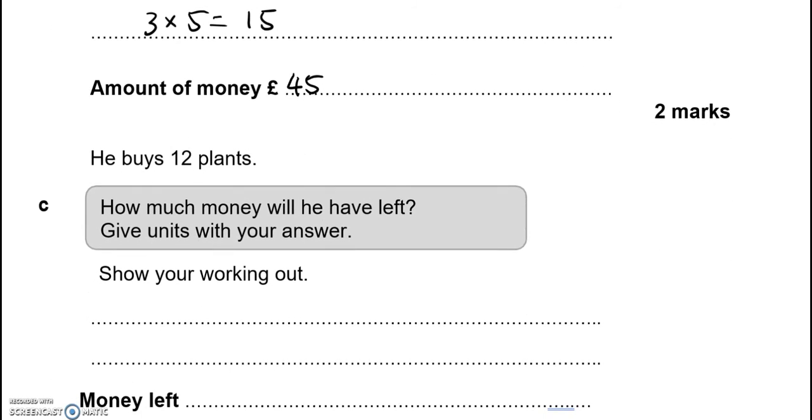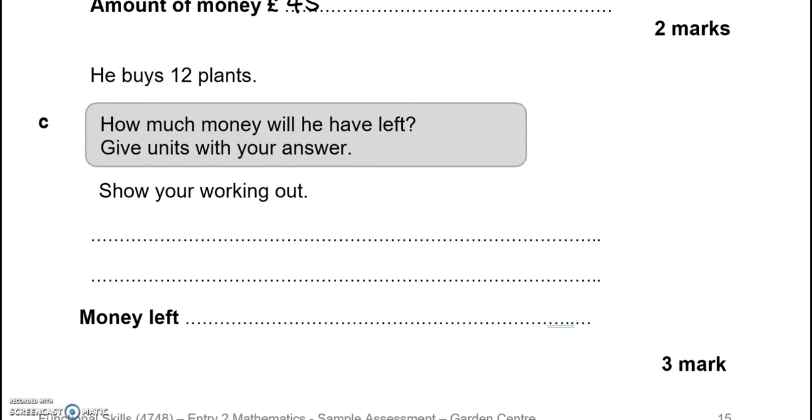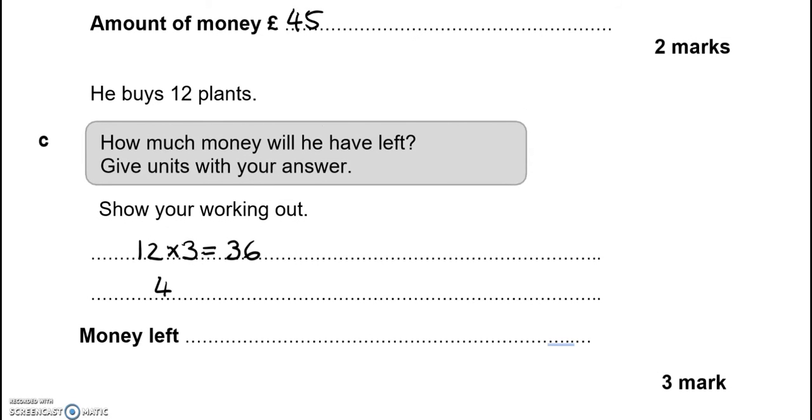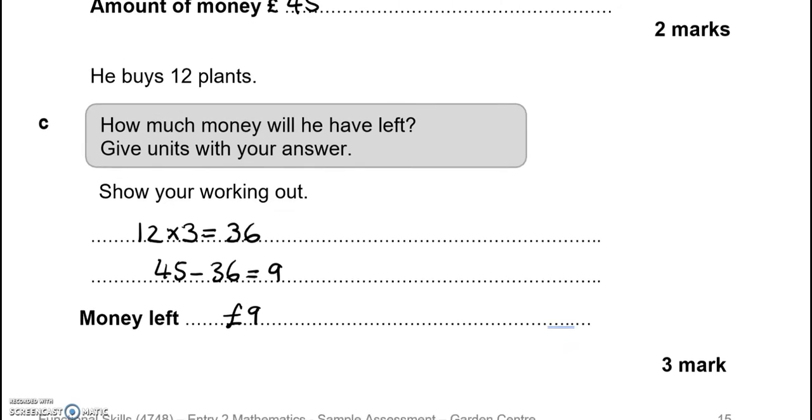So he buys 12 of them. So 12 times 3, can use a calculator, and it is £36. Now he's got 45. So 45 take away 36 gives us 9. So £9 left.